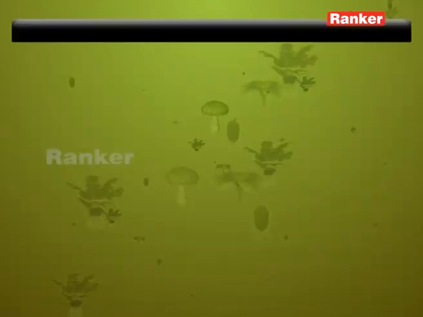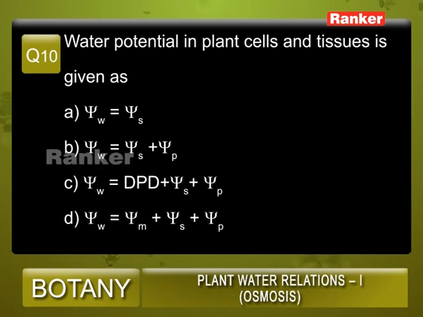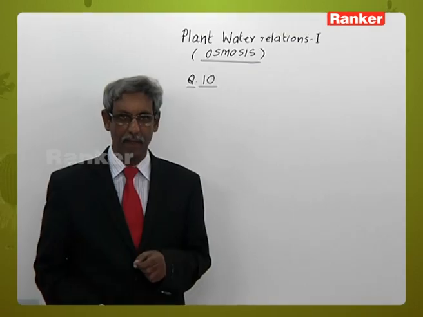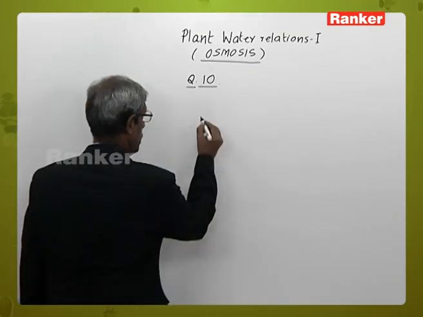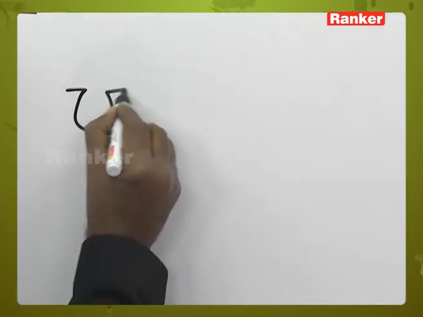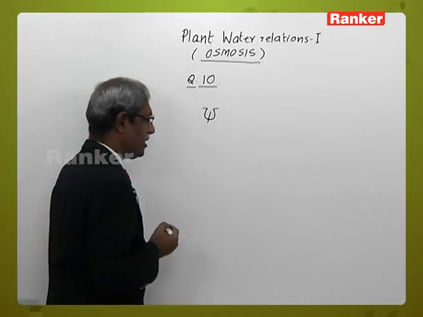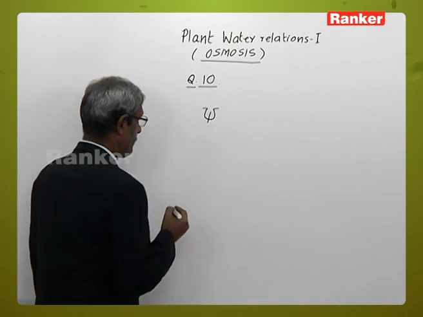Question number 10. Water potential in plant cells and tissues is given as A, W is equal to S, B, water potential W is equal to S plus P, C, water potential W is equal to DPD plus S plus P, or D, W is equal to M plus S plus P. Now, water potential is usually given a symbol like psi.